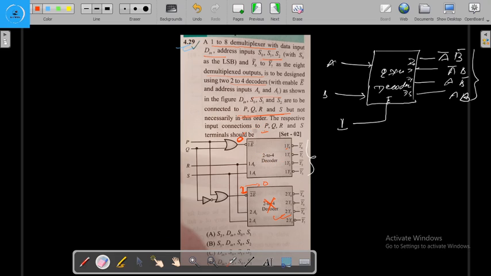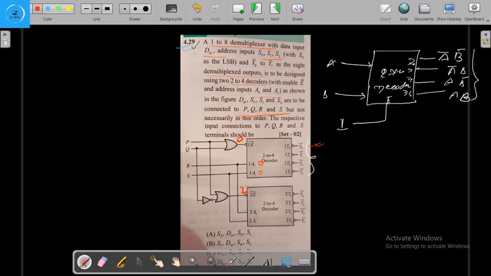To work one decoder at a time, we give the low logic at one of the decoder enable inputs. So we give here 0 and here 1, right? Now concentrate on this decoder. If it works and we provide 0 0 here, this will be selected.